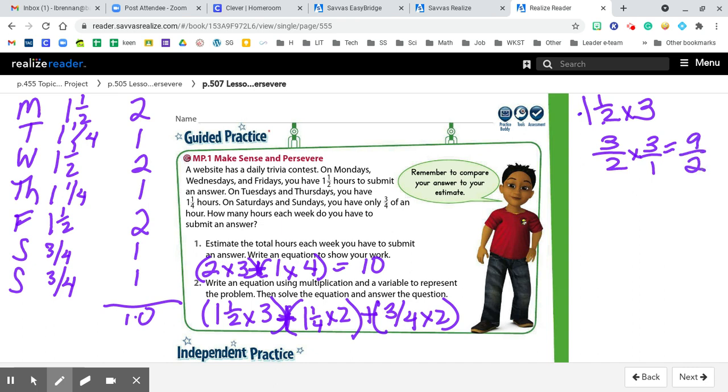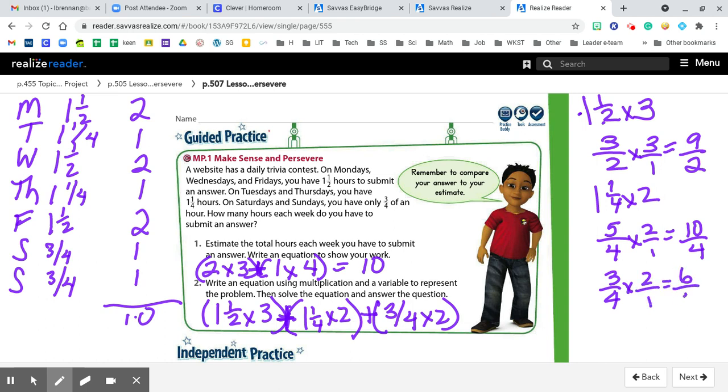So I've got 9 halves there. 1.25 times 2: I can rewrite 1.25 as 5/4 times 2 over 1 is 10/4. And 3/4 times 2 is 6/4. So I'm going to add all these together: 9 halves, 10/4, and 6/4.